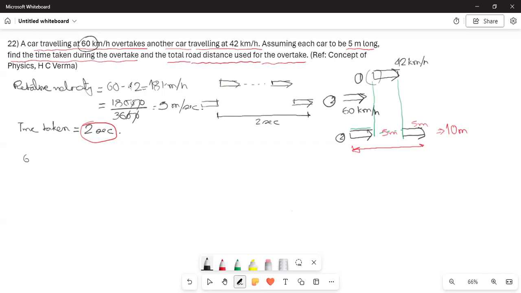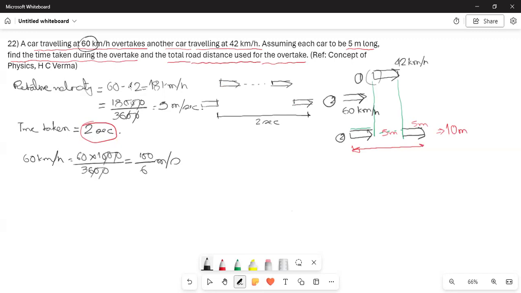So it is 60 multiplied by 1000 divided by 3600, so the absolute velocity of the first car is 100 by 6 meters per second.